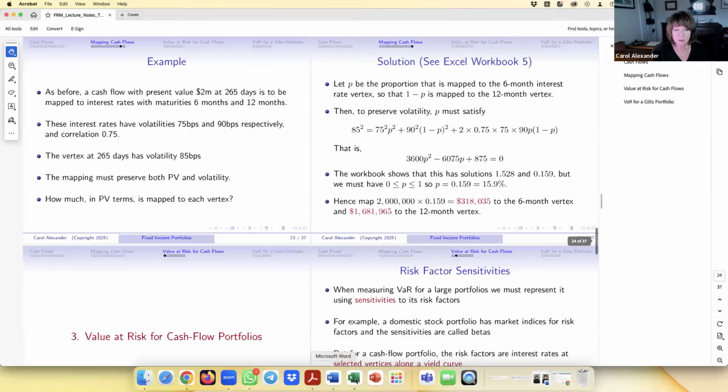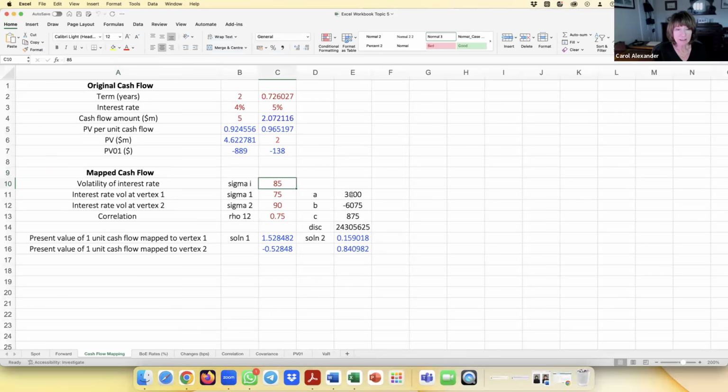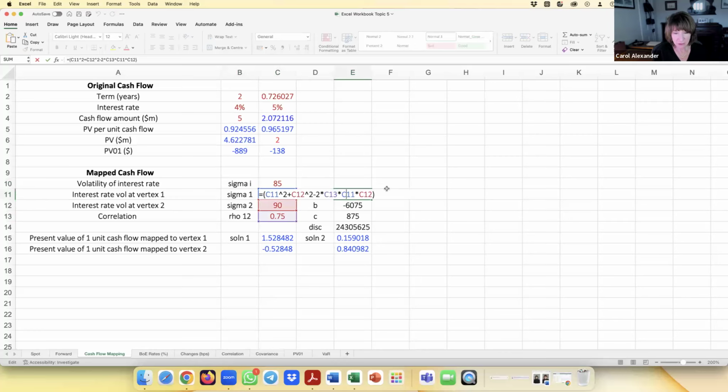Let's have a look at it in the spreadsheet. So these are red, they're parameters, we can change them. That's the volatility at sigma I, and this is sigma 1, sigma 2, rho 1, 2, and then how you calculate A. I didn't put that formula in the lecture notes. It's just a little bit of algebra to find out what is the coefficient of p squared.